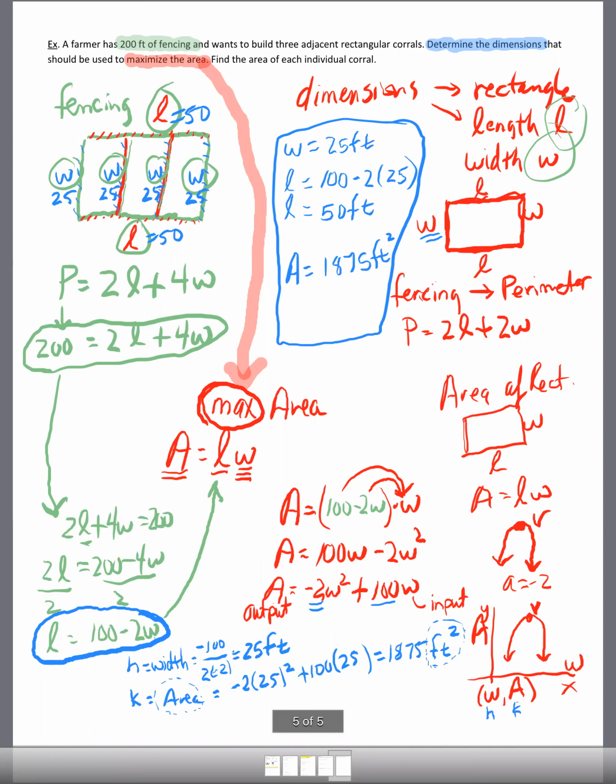How I got that, I took 25 plus 25 plus 25 plus 25, that's 100, plus 50, that's 150, plus 50 more, that's 200. That's 200 feet of fencing.